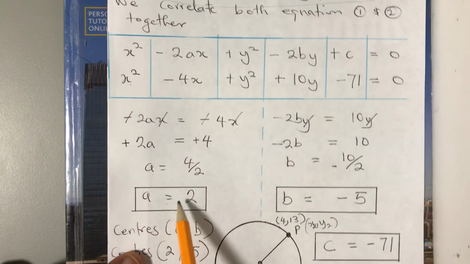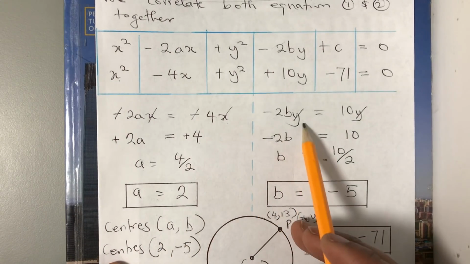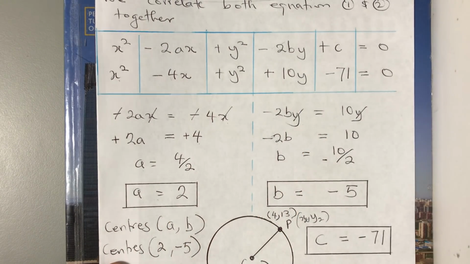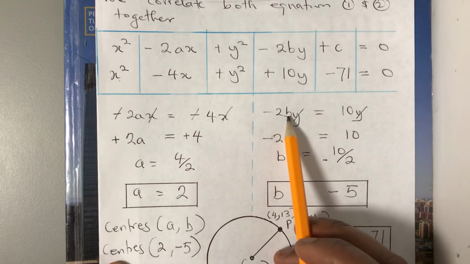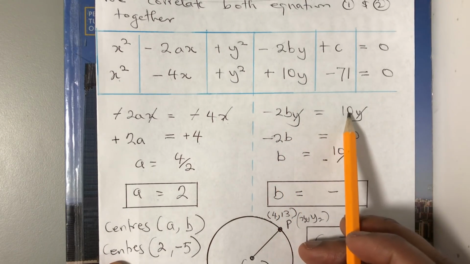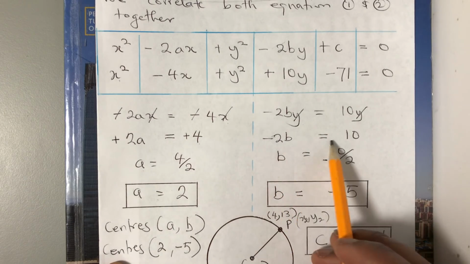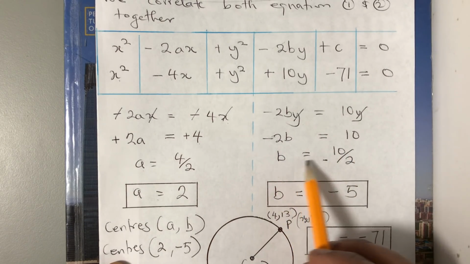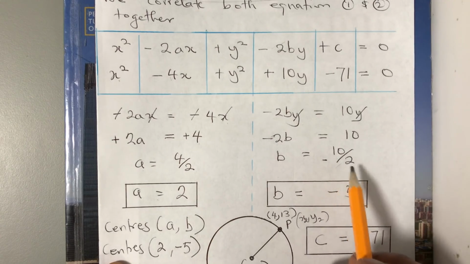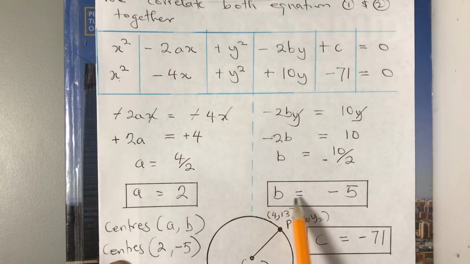Then our a equals 2. Then on the other side, we have minus 2by equals 10y. From there, we have minus 2b equals 10. Then b equals 10 over 2. Then we have b equals minus 5.